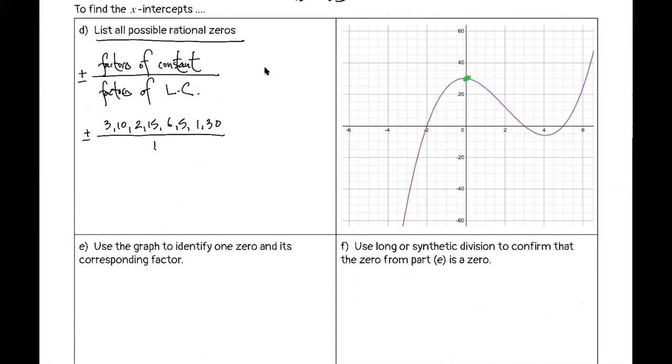The first time this graph crosses the x-axis is at -2. Is -2 one of the choices from this list that we have here? I mean, 2 is on our list, but remember, it could be plus or minus. So -2 is okay.